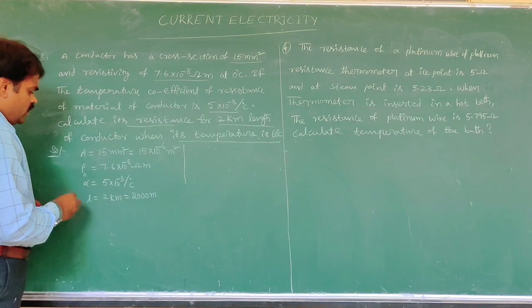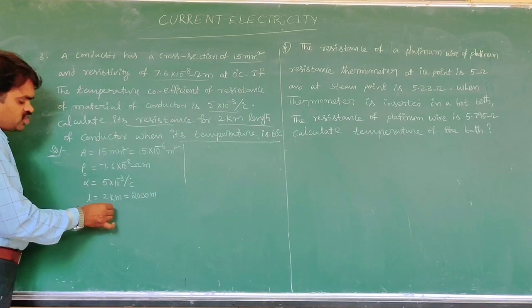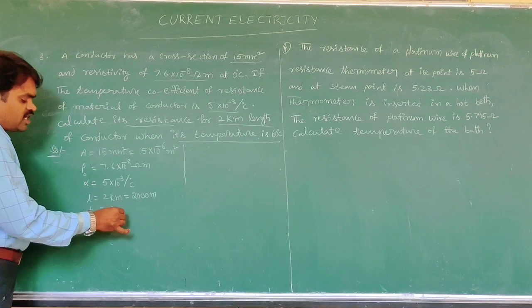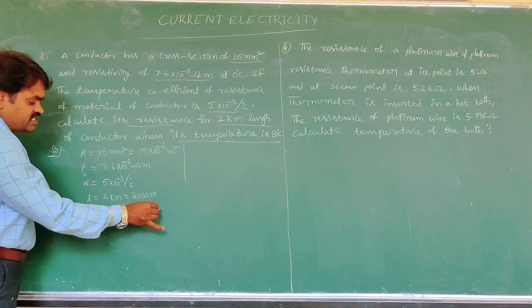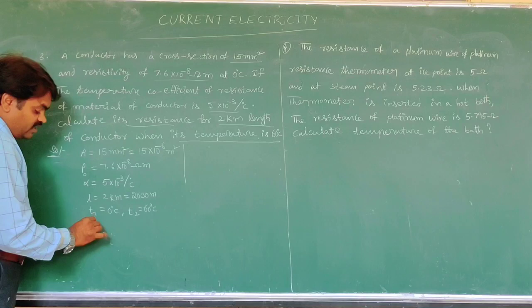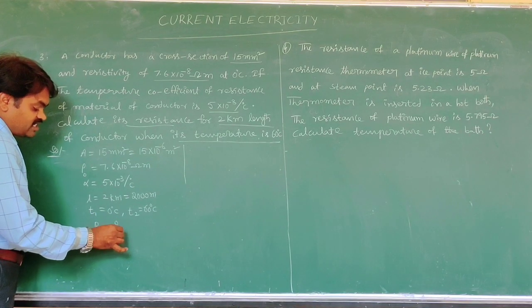Now T1, because of the resistivity at 0 degree, means T1 is equal to 0 degrees Celsius, and T2 they are asking about 60 degrees Celsius, but they are asking R60, resistance at 60.